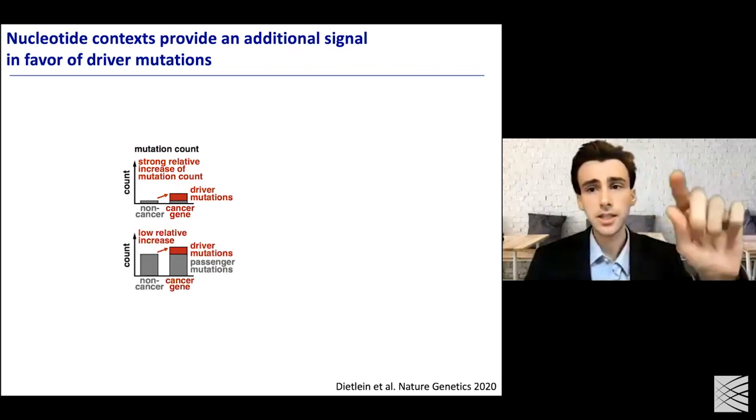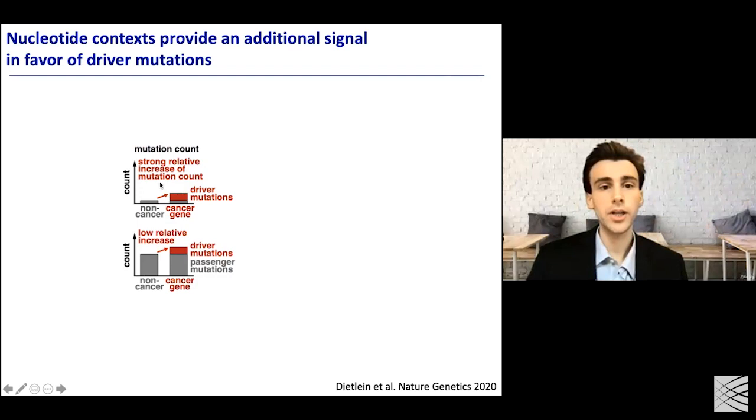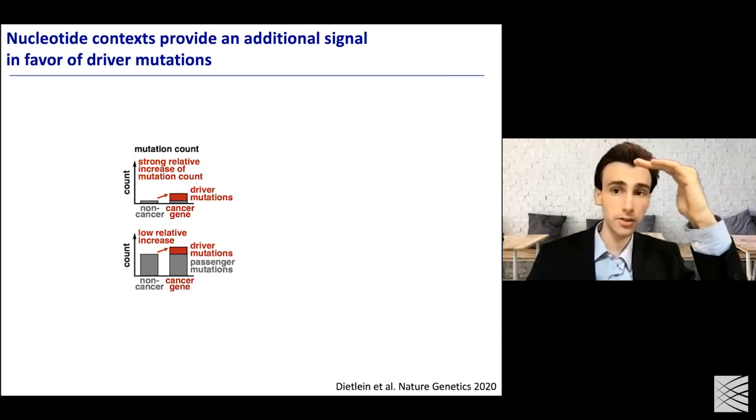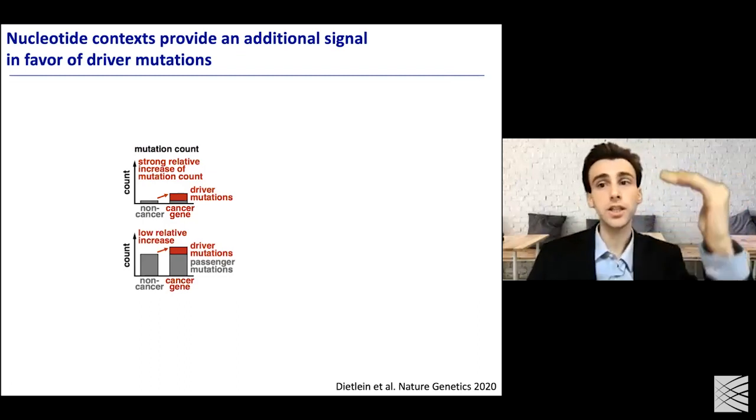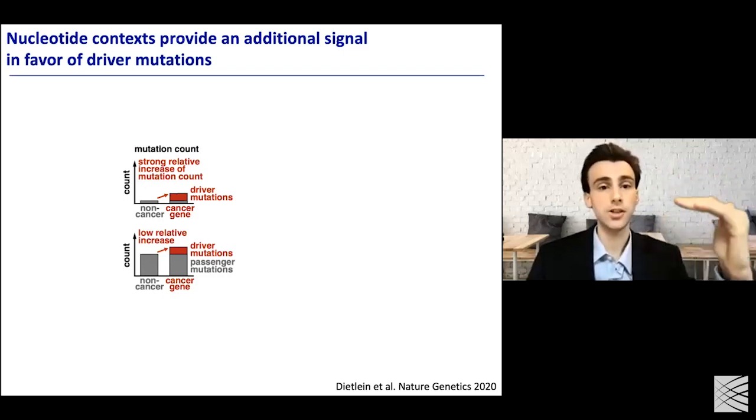You can see this in the upper diagram, with a non-cancer gene versus a cancer gene. A cancer gene will have more mutations than expected because of the boost from driver mutations. If the expectation is already very low, this gives you a good signal to discriminate non-cancer genes from cancer genes.